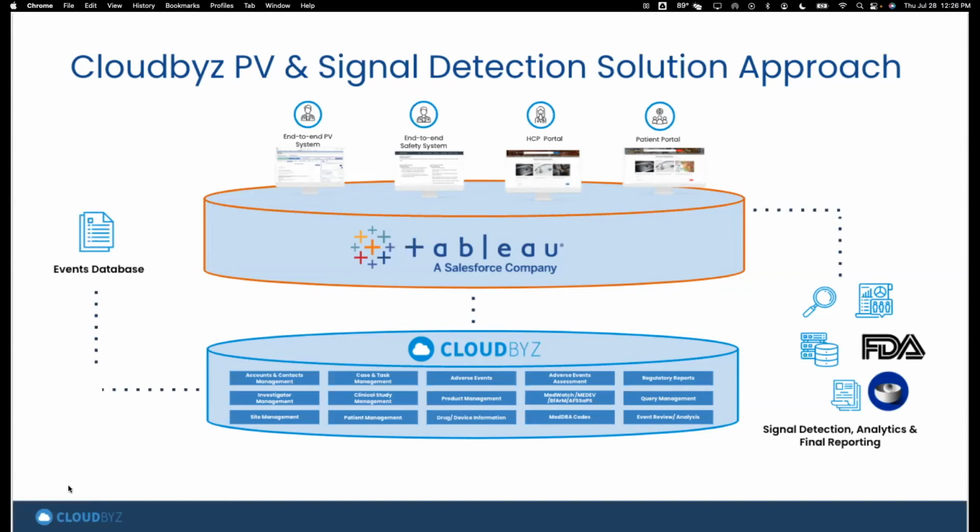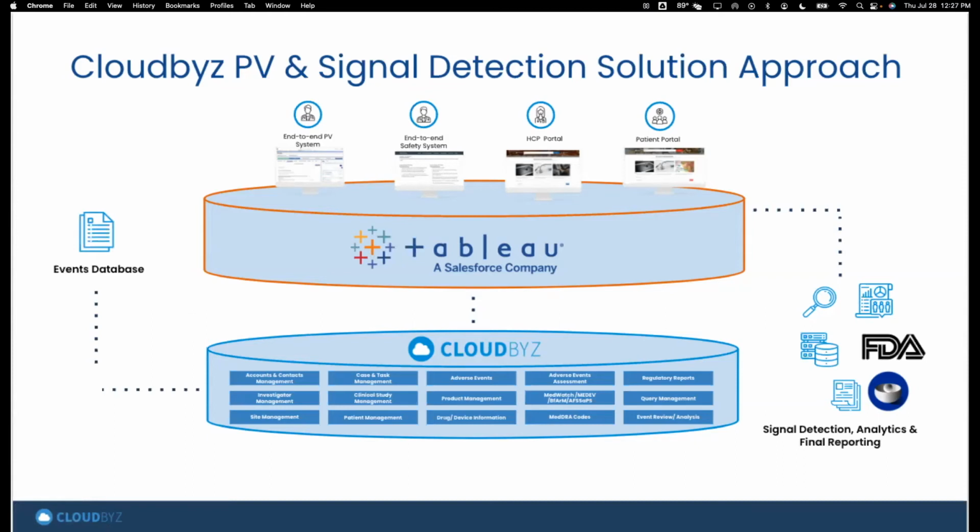That interplay between the Cloudbyz application built on Salesforce and the Tableau layered on top of it is what gives you the ability, in one application under one set of credentials, to do your entire end-to-end pharmacovigilance and signal detection workflow without ever having to leave the system. That is what we think is somewhat new, and from what we've seen in the industry, sorely lacking right now.